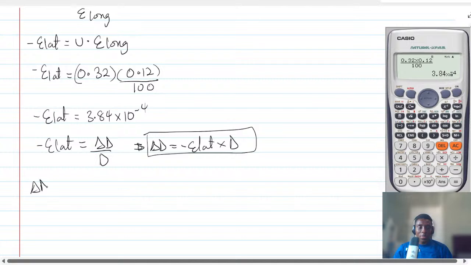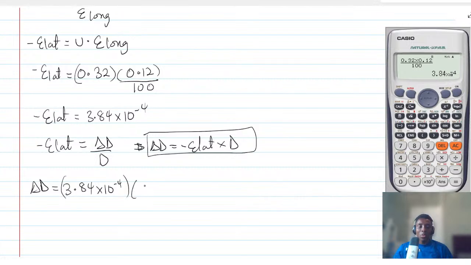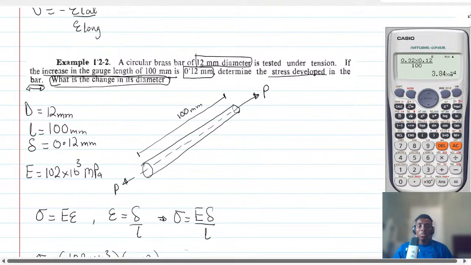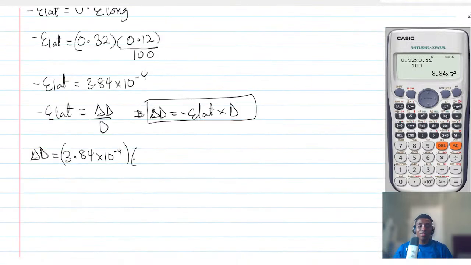The change in diameter will be 3.84 times 10 to the minus 4. Then you multiply this by the original diameter. The original diameter from the question was 12 millimeters. So you multiply by 12.